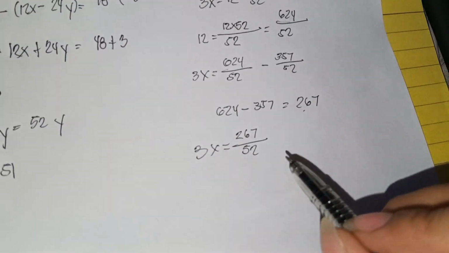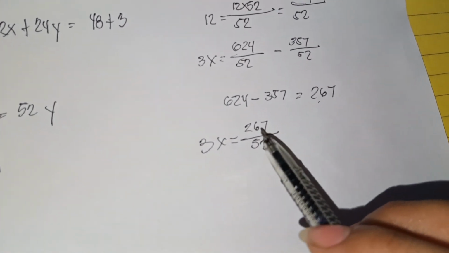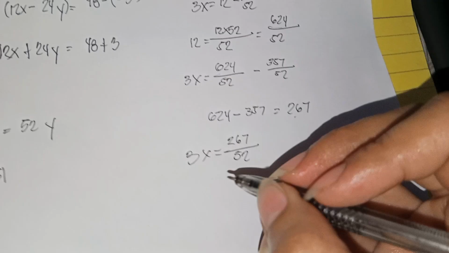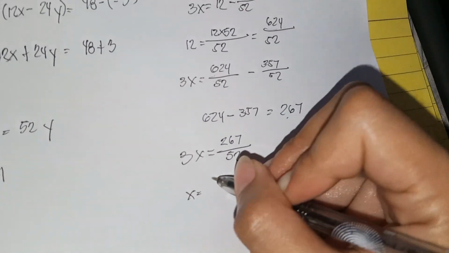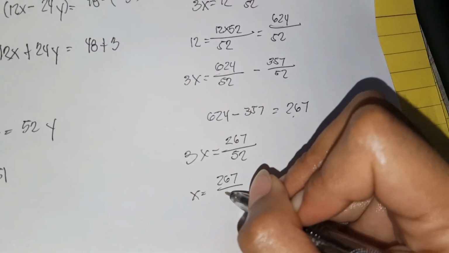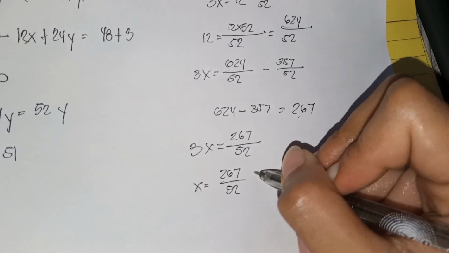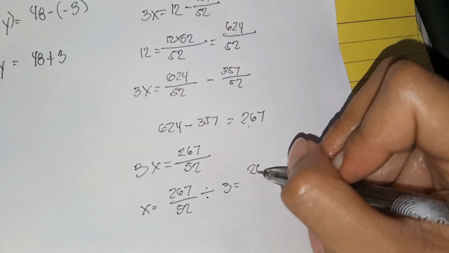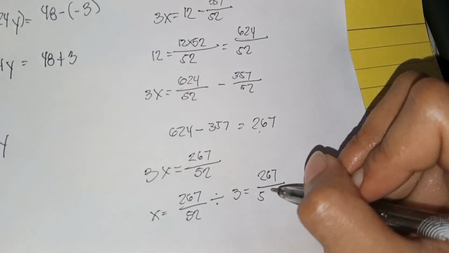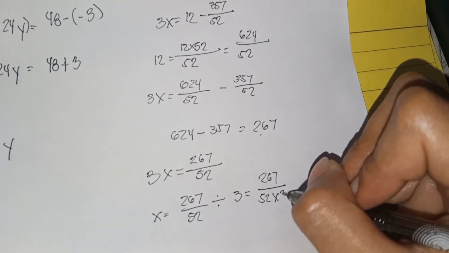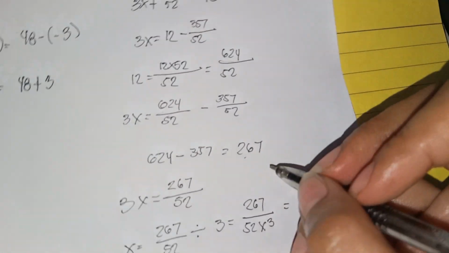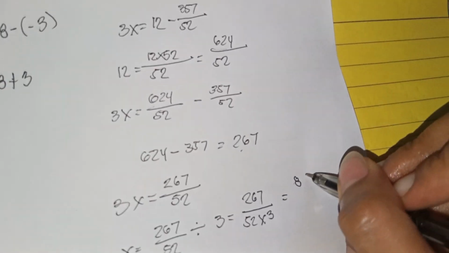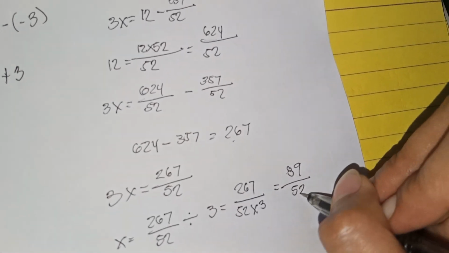To solve for x, we're going to divide both sides by 3. 267 over 52 divided by 3 equals 267 over 52 times 1 over 3. So we got here 89 over 52.